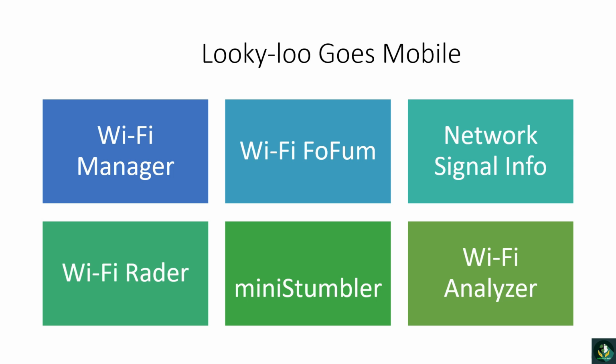There is a Wi-Fi radar, as well as Mini Tumbler and the Wi-Fi analyzer tool, and I'm sure there is probably even more since the recording of this. It's like they are coming out daily now. So it's at least 2 of these 3 things.